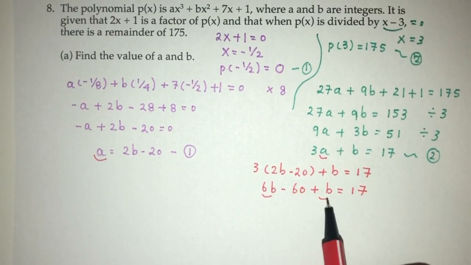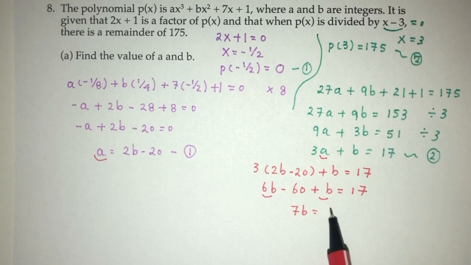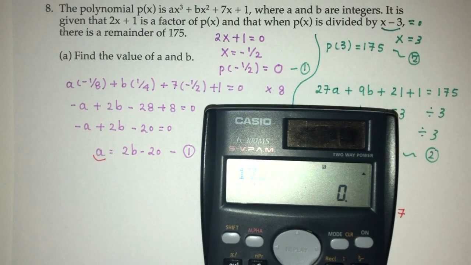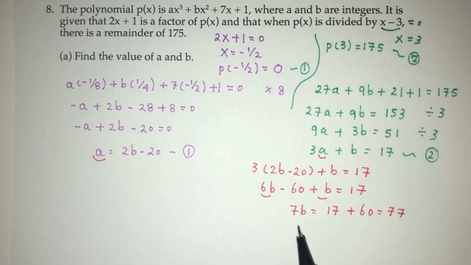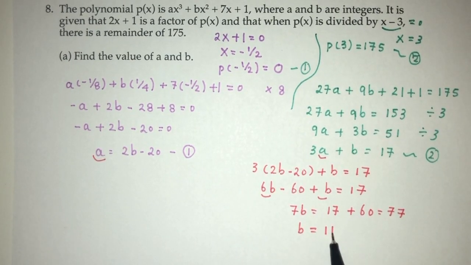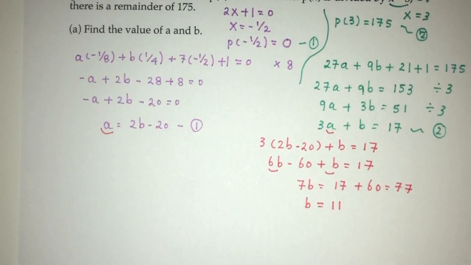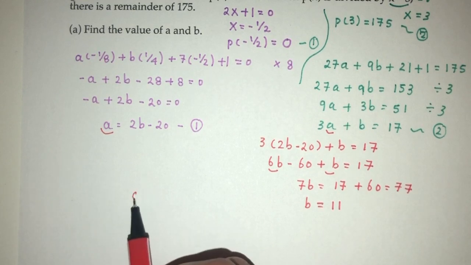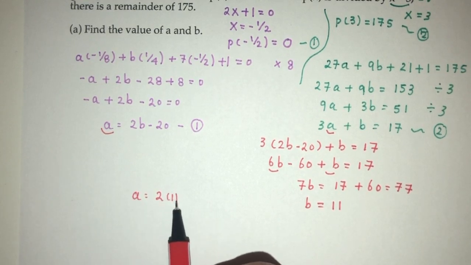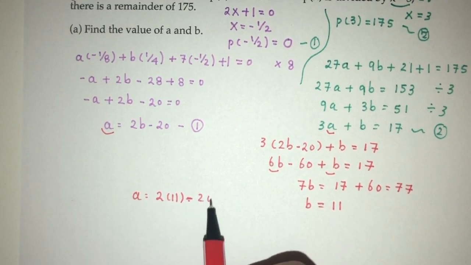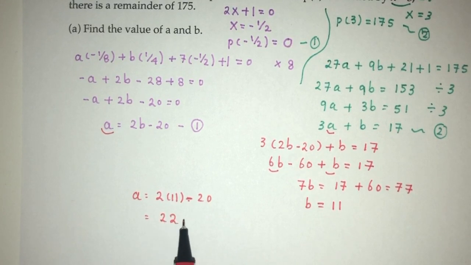Now this plus this has to be 7b. 17 plus 60, that has to be 77, right? Let's check. Yeah, so b has to be the value of 11. 77 divided by 7, that will be 11. Now let's move on to find the value of a. A has to be 2 times 11 minus 20, that has to be 22 minus 20, that has to be the value of 2.